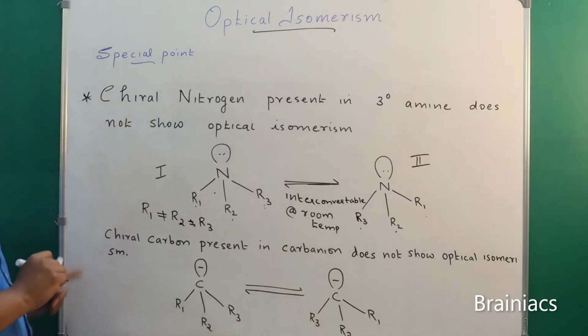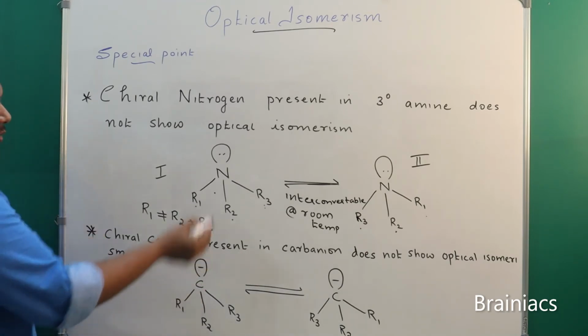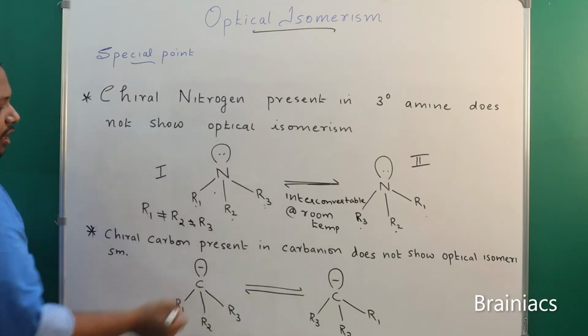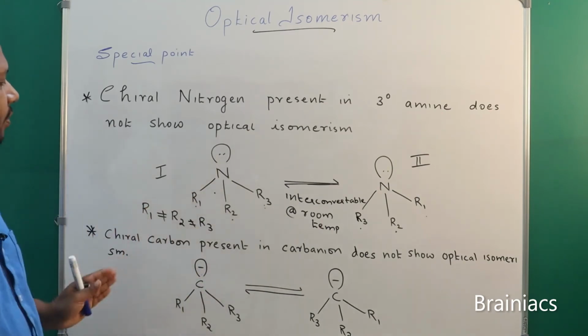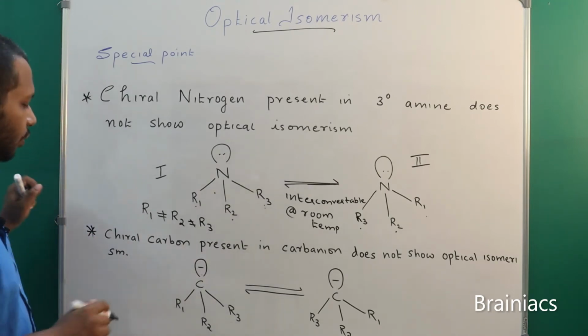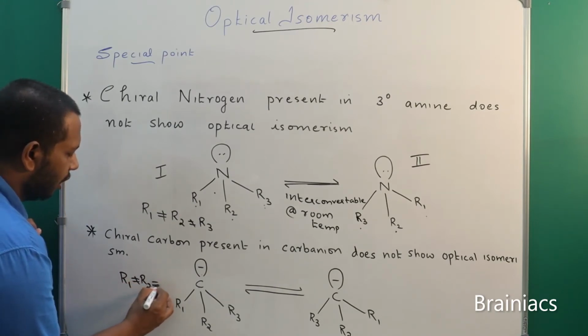Then the other one is chiral carbon present in a carbanion. A carbanion has the same structure, but the difference is carbon is present and you have a negative charge. This chiral carbon present in a carbanion also will not show optical isomerism, even though R1 is not equal to R2, not equal to R3.